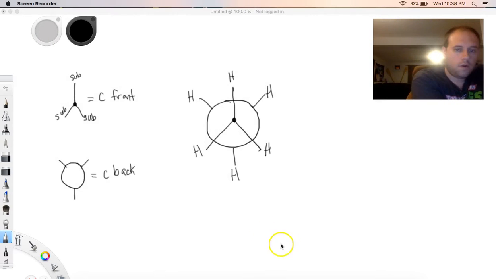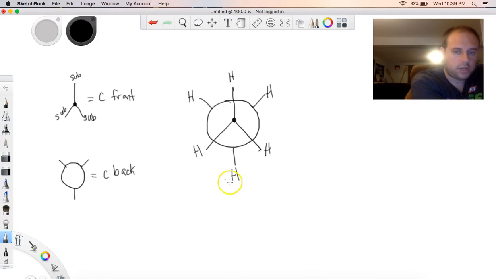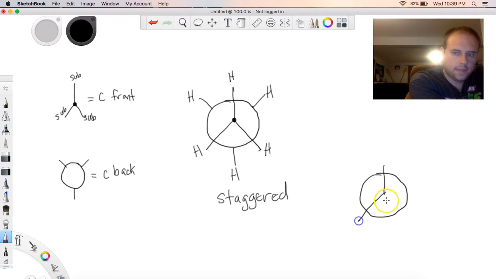Okay? So over here, we have the staggered version of the Newman projection. And then we can also have an eclipsed version. So for the eclipsed version, technically these would be completely overlapped with one another.